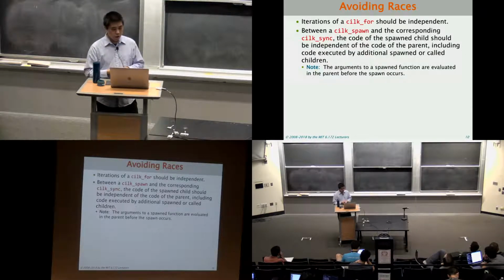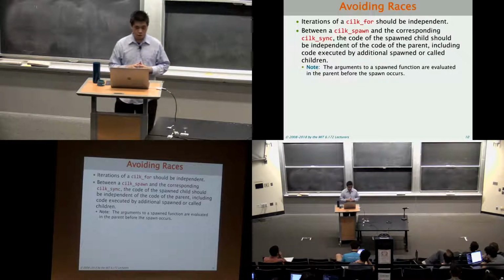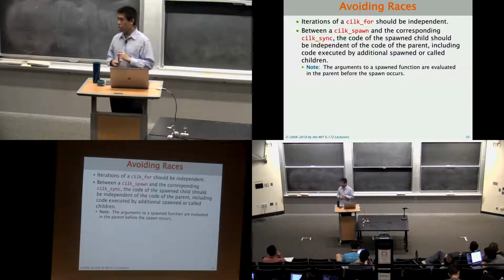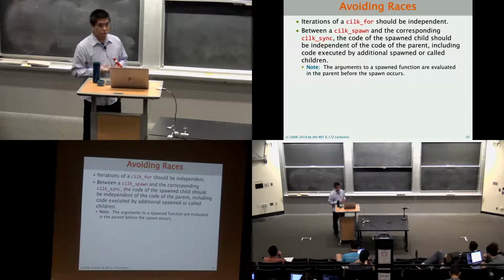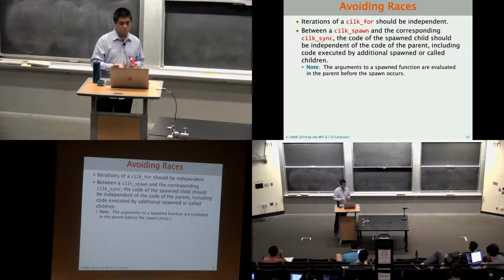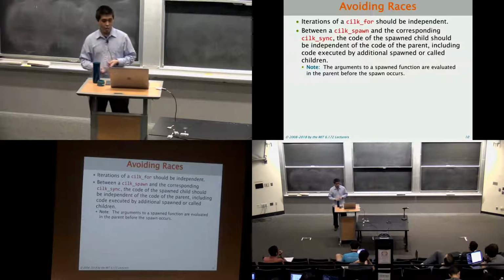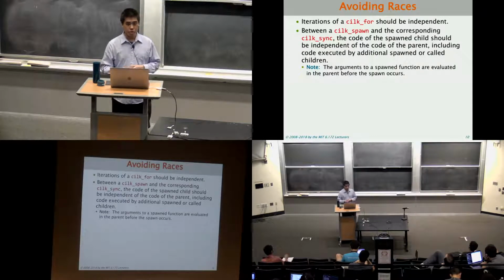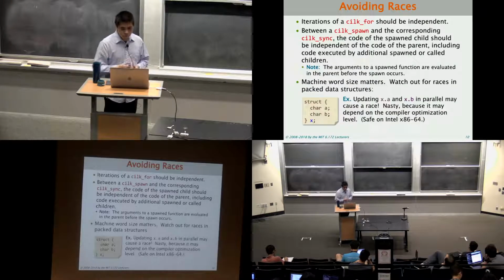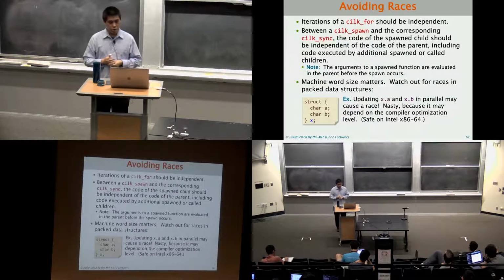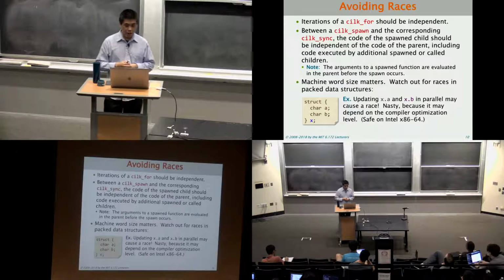One thing to note is that the arguments to a spawn function are evaluated in the parent before the spawn actually occurs. So you can't get a race in the argument evaluation because the parent is going to evaluate these arguments, and there's basically only one thread that's doing this. So it's fine.